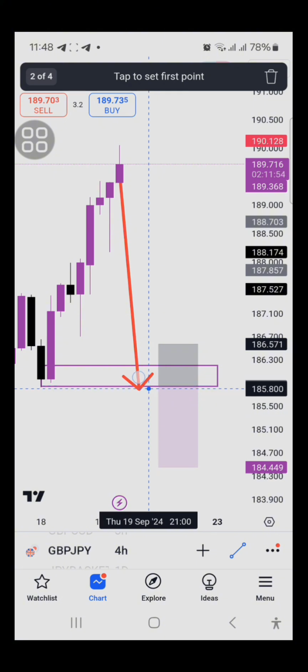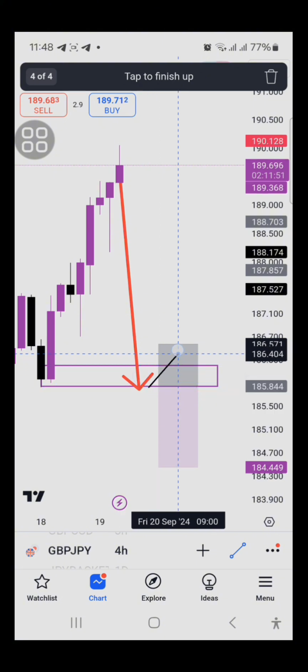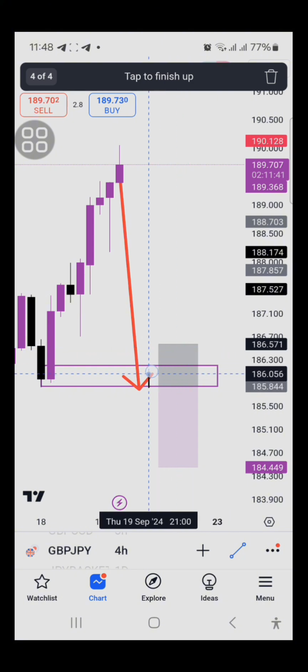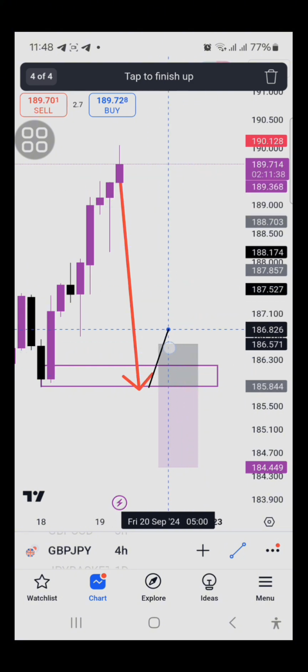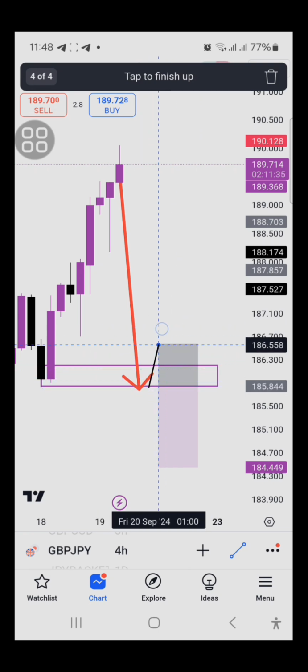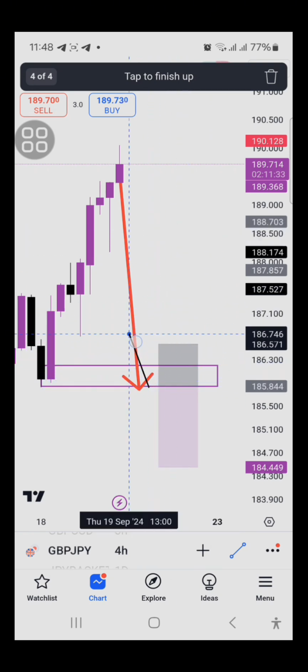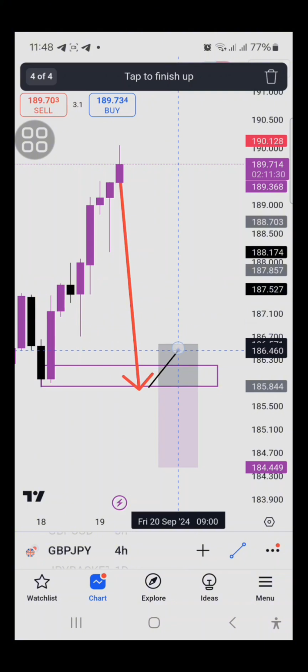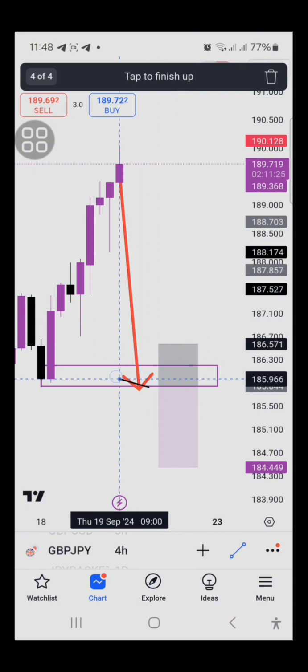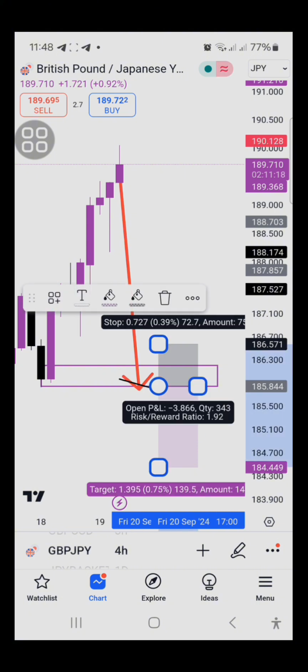If price continues to dance around this zone, it means price wants to change direction, and this is now a demand zone that price wants to buy from. If price shows any signal of going up from this zone, I no longer want to be in this trade because now it is against me. I want to cut my losses, and then I just put my stop loss there.